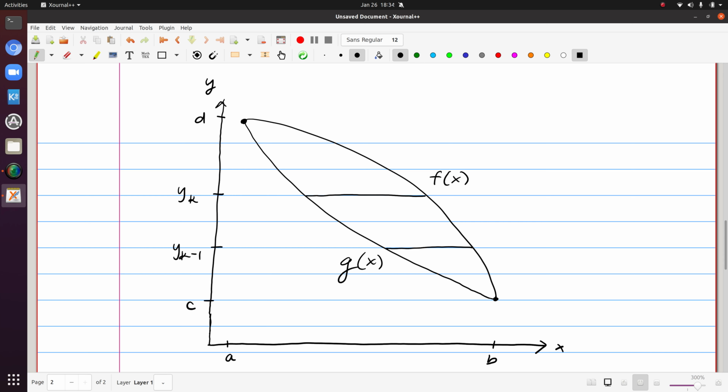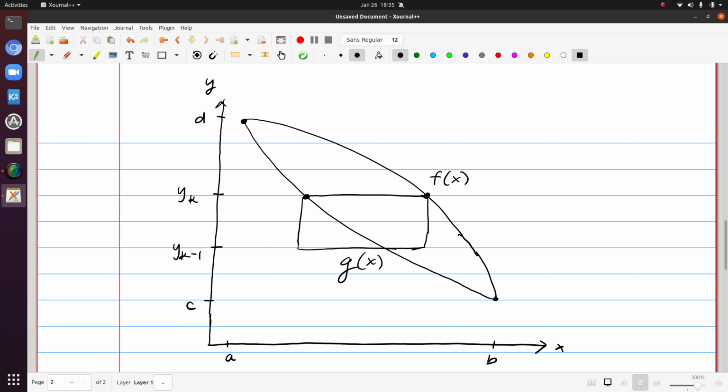One way we could do that is to focus on the value of the function, let's say at y sub k. So in this instance, I might look here. And so we would look at our rectangle as being this one. And so this is one way to estimate the area between the two curves, at least for that little subinterval.